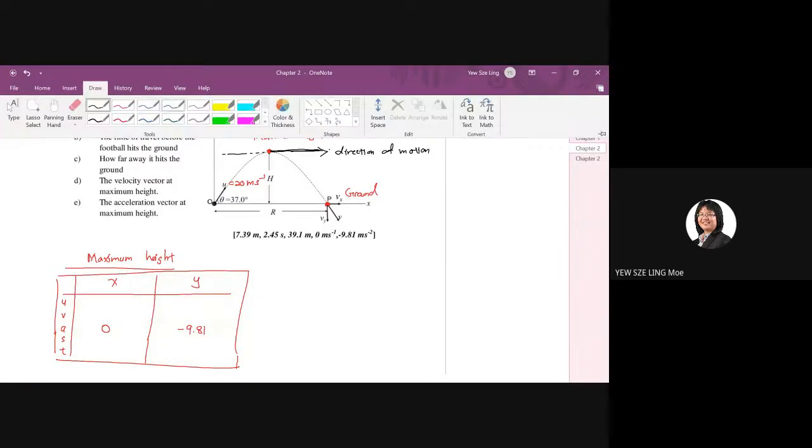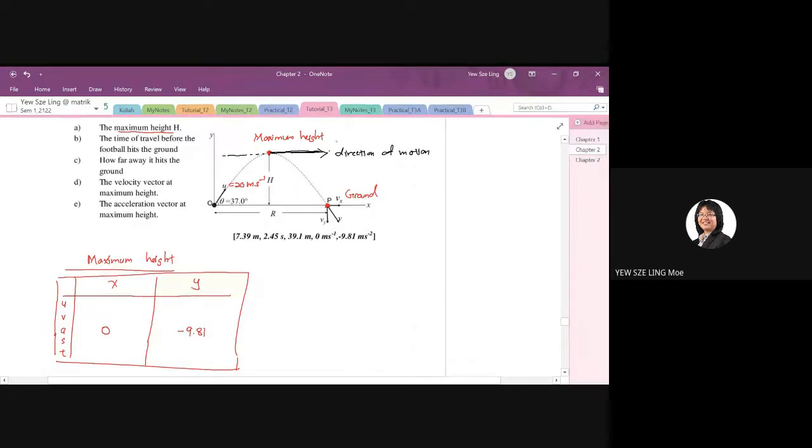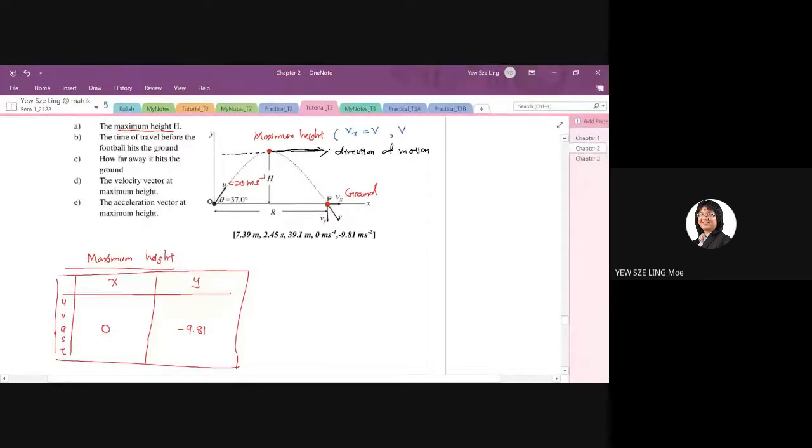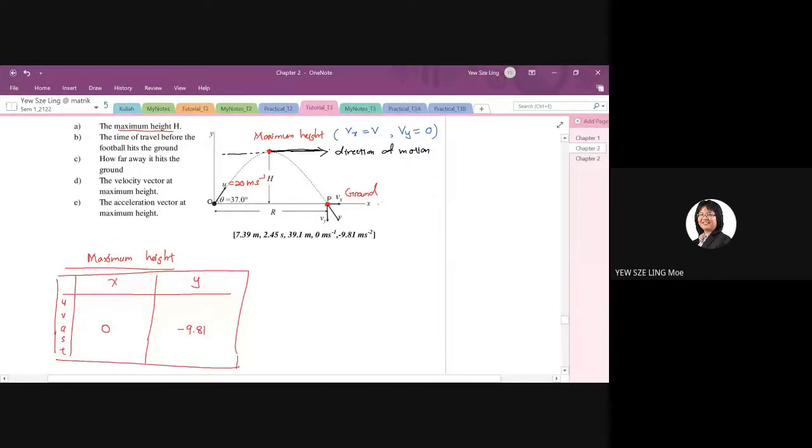Because it tells us the value of v. At maximum height, my object is moving along the x component at this moment. Therefore, we can say Vx is equal to the resultant V, but Vy is equal to 0 because there is no y component. So it is important to have a diagram because it lets you see what happened at every single position.